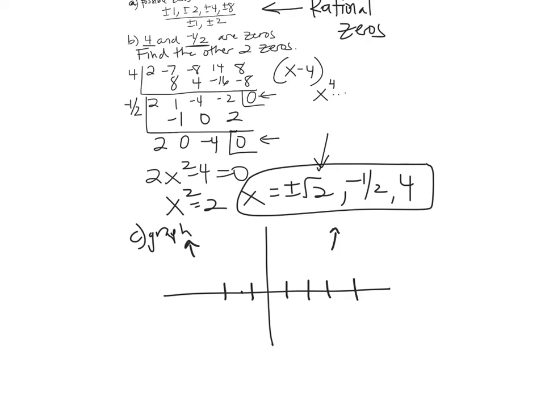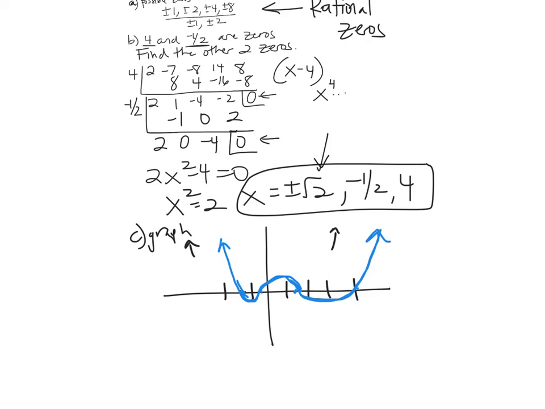So that's here. I'm doing a different color so you can see it a little better. Here and there. And then I have negative 1/2, which is here, and then positive 4. So my graph's going to go through, and like that. Okay, because they're all linear terms, there's no multiplicities, there's no doubles or anything like that. And that's the graph of it.